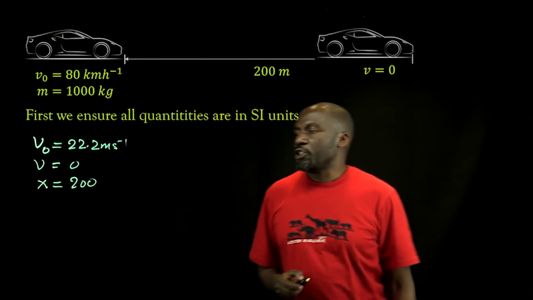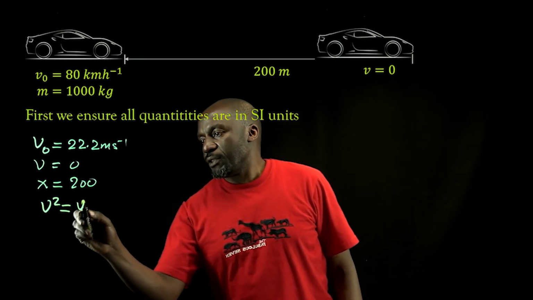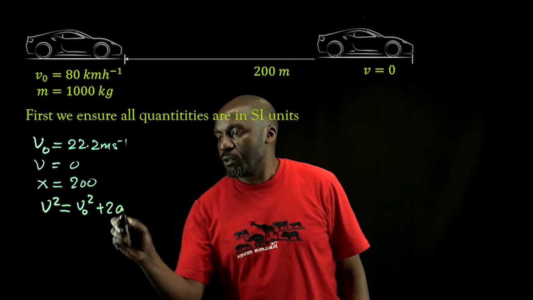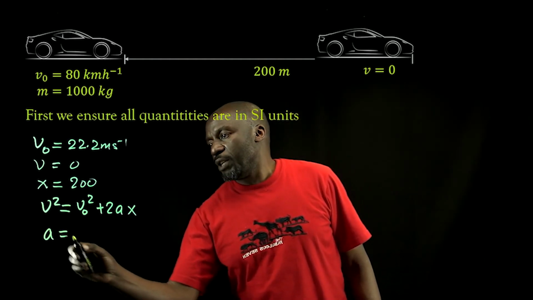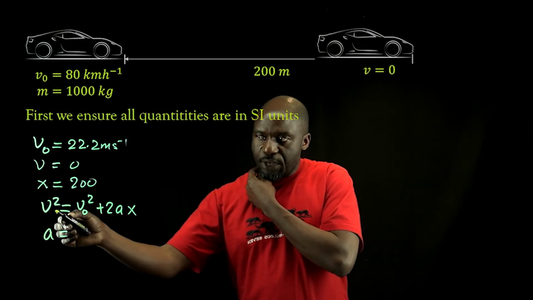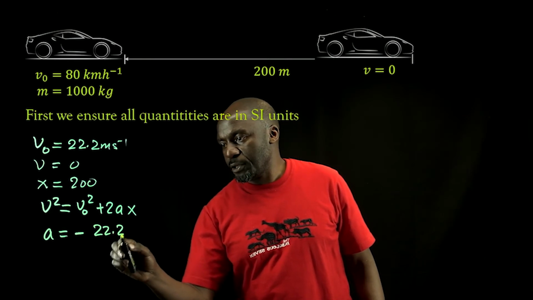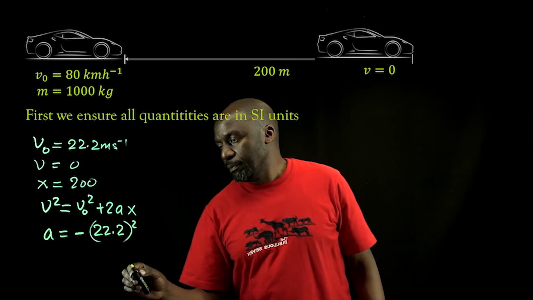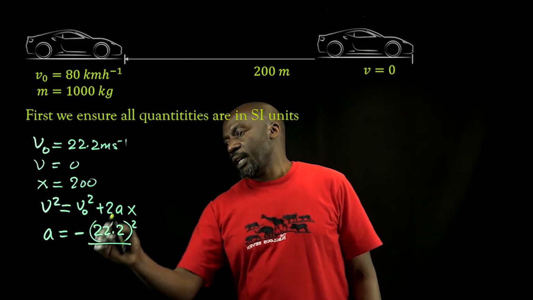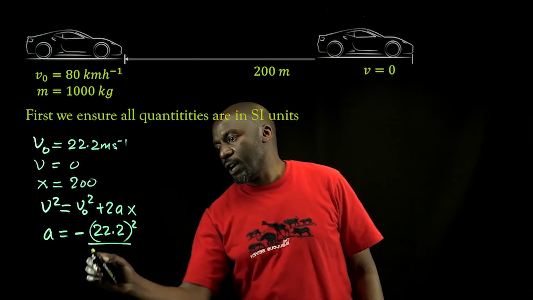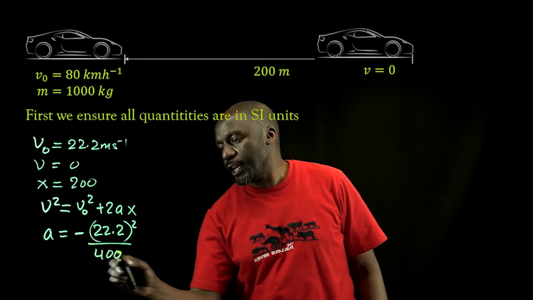So the equation of motion that helps us find this is v squared equals V0 squared plus 2ax. If we are looking for a, then a has to be, since v is 0, minus V0 squared, so 22.2 squared, everything divided by 2x, which is 2 times 200, so 400 there.